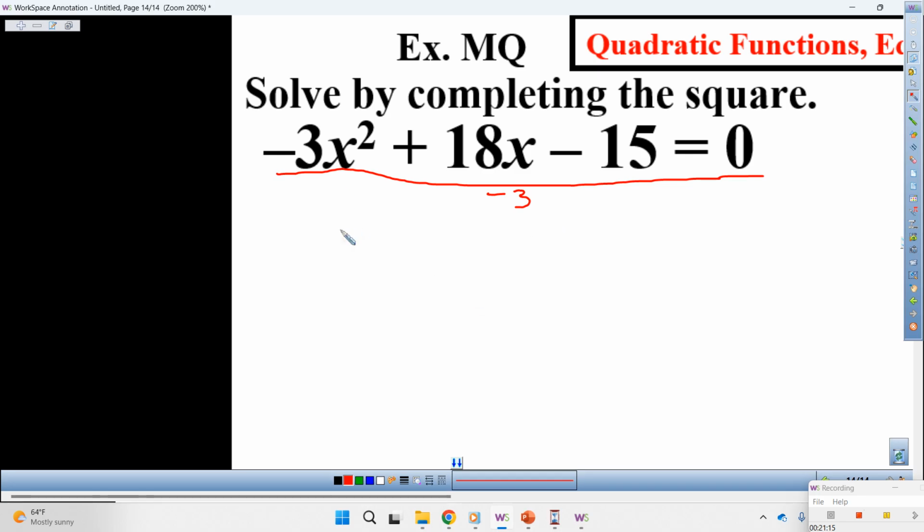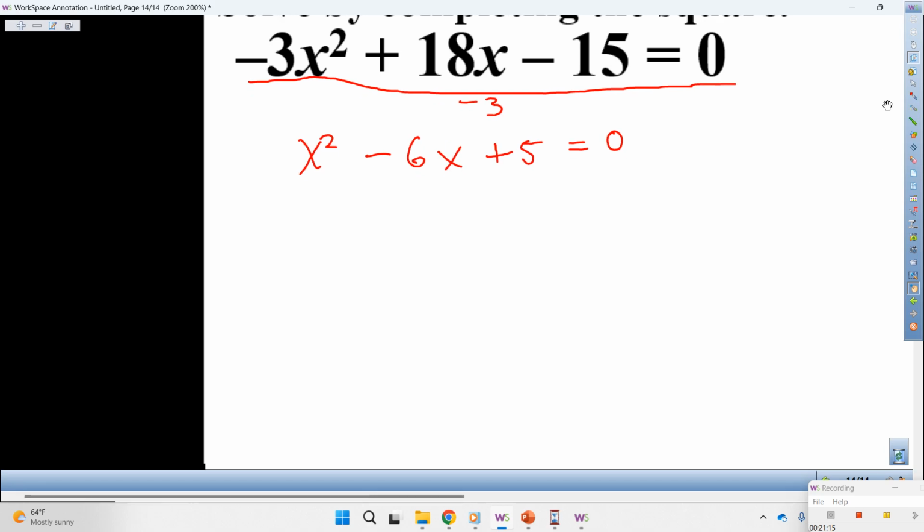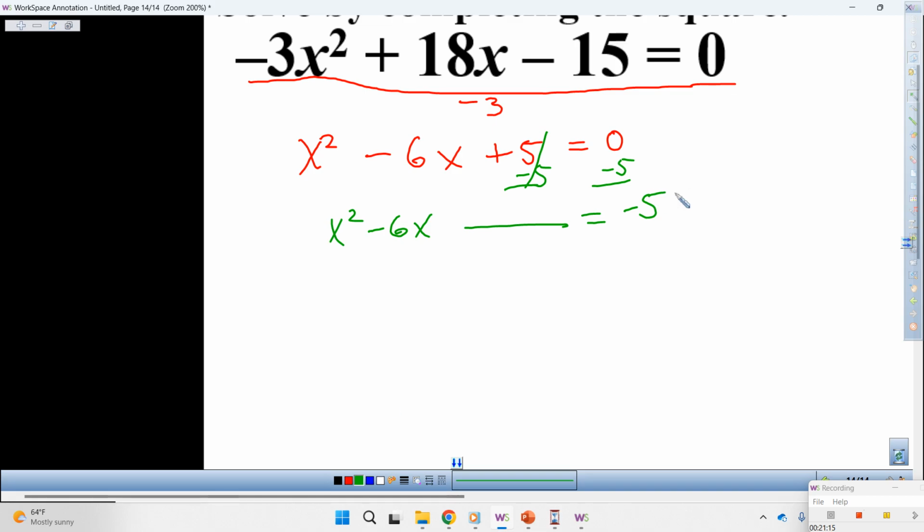That leaves us with x squared minus 6x plus 5 equal to 0. Hands if you're up to right there. Okay? Caesar, continue. What do I do next? Subtract 5 from each side. We got x squared minus 6x, empty space, equal to negative 5.